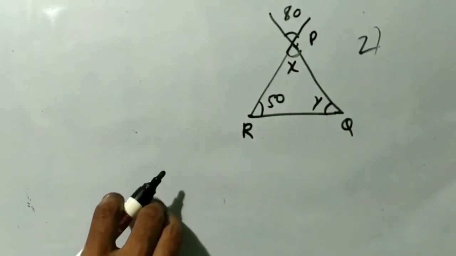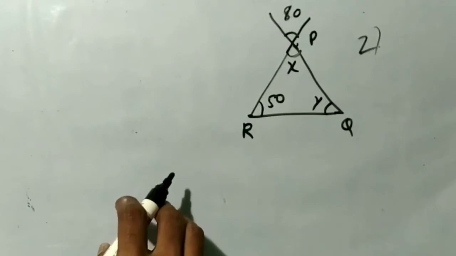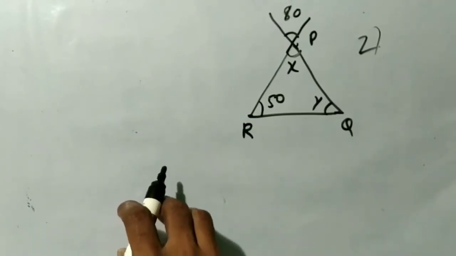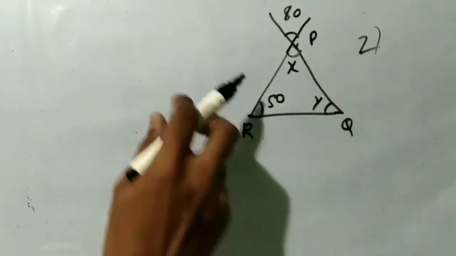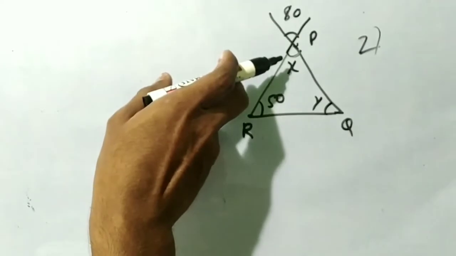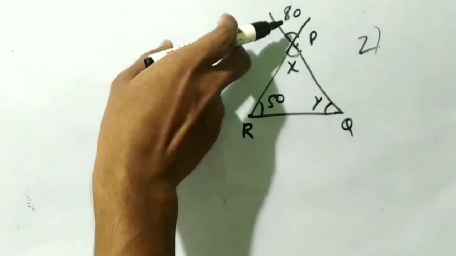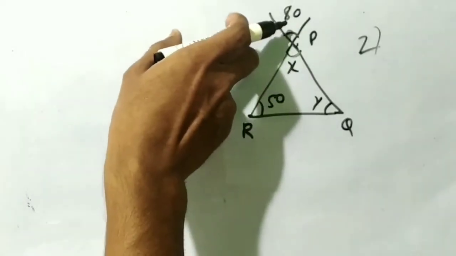I am explaining a little bit fast because these are basic problems. No need for a long explanation. So this 80 and the x are vertically opposite angles. So 80 is equal to x.